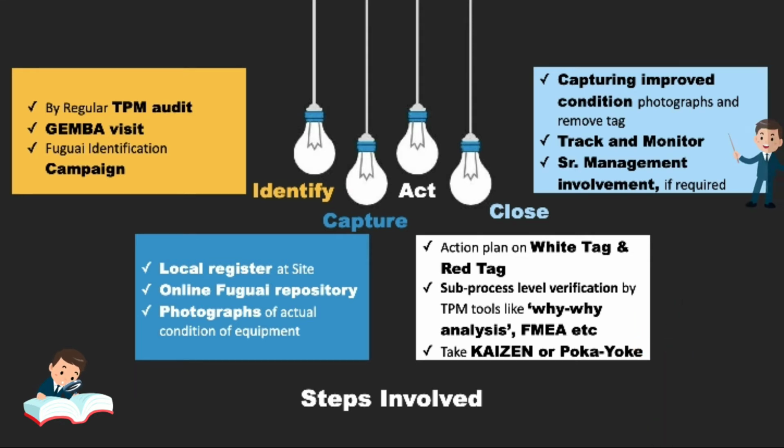After closure of Fuguai, improved equipment or site's condition needs to be captured in photographs which can be displayed as before and after condition for the Fuguai and tracked and monitored for sustenance. During closure, if required, it may be escalated to senior management for any help.